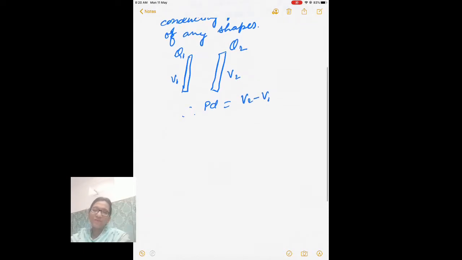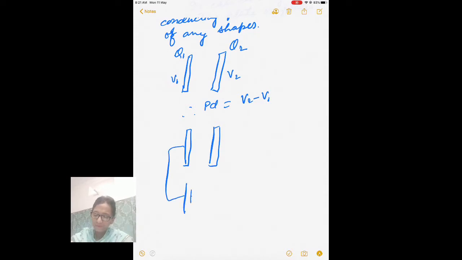But for a simple description of capacitor, what we are going to do here is that we connect two adjoining plates by the terminals of a battery. So what will happen?